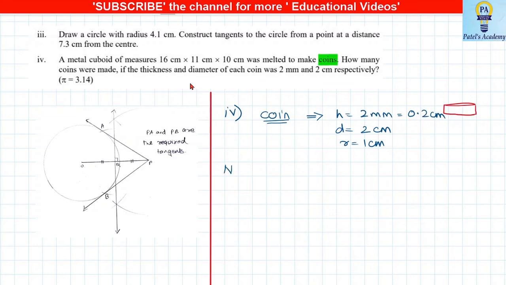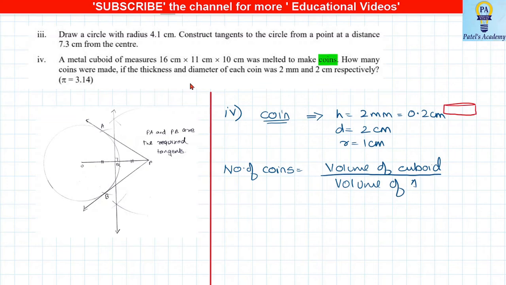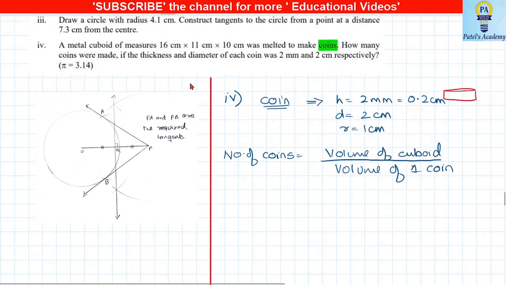Okay, so we'll directly write down the formula and substitute the values. Number of coins equals volume of cuboid upon volume of one coin. Okay, now let us substitute the values.